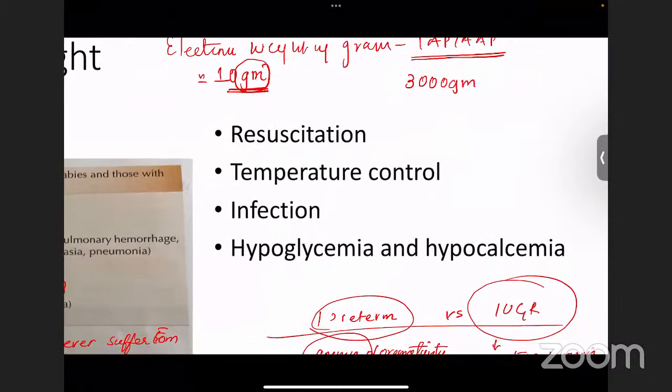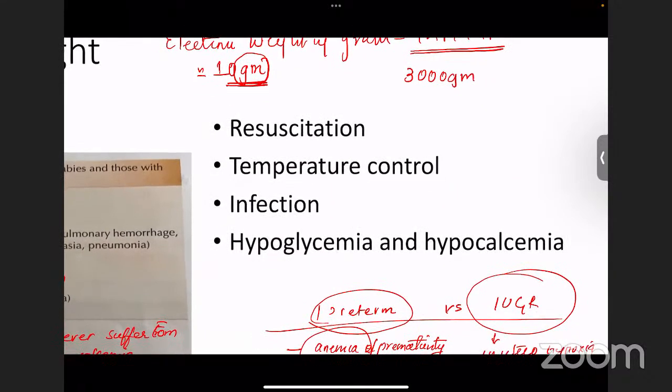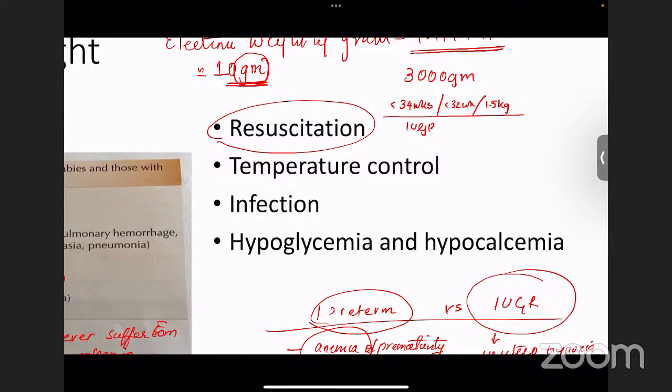So what are the other things which you will be seeing? Resuscitation. It's very difficult for any preterm between 34 weeks or less than 32 weeks, or any weight less than 1.5 kg, or any baby with IUGR. See, these babies are more prone to perinatal asphyxia.